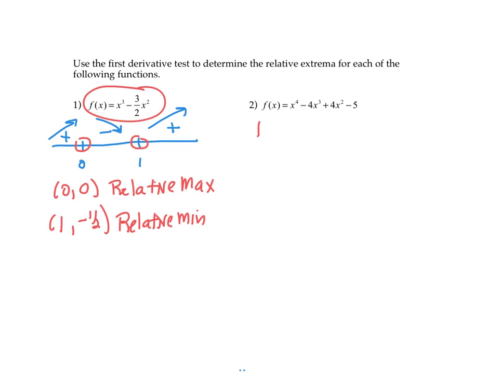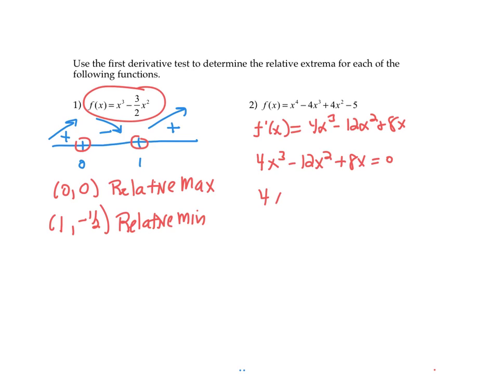So from the beginning, we know that we need the critical values, so we're going to find that first derivative. Easy first derivative here, we've got 4x cubed minus 12x squared plus 8x, and that's it. Okay, set that equal to 0 and then solve for x. So 4x cubed minus 12x squared plus 8x is equal to 0.